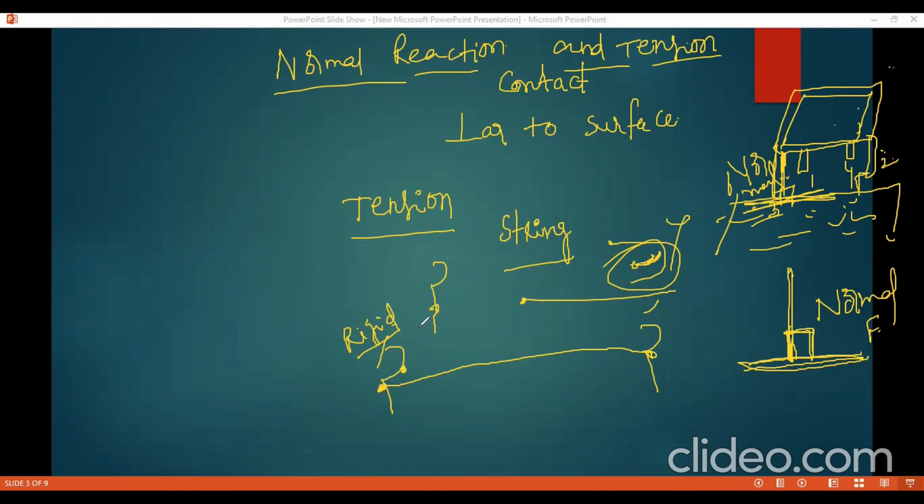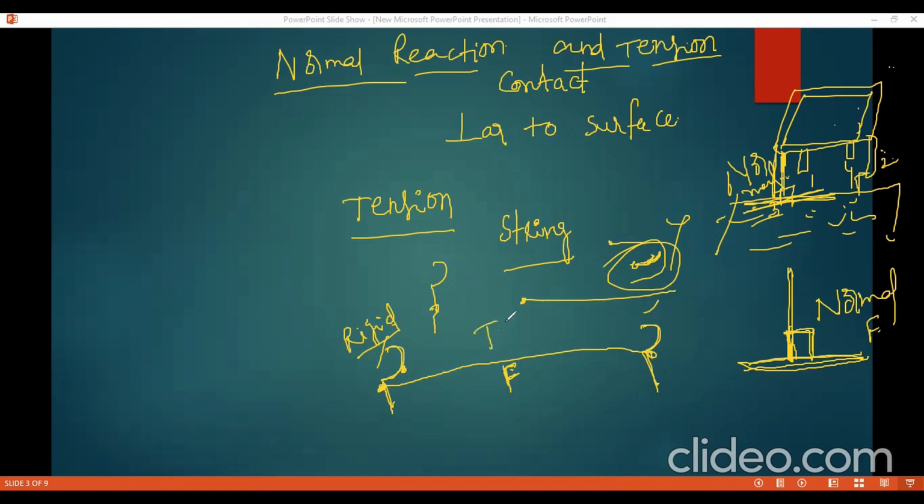The rigid support is pulled by a force F. You observe here, this is the rigid support. If you fix the string between the rigid supports, it is experiencing some kind of force, a tension force.